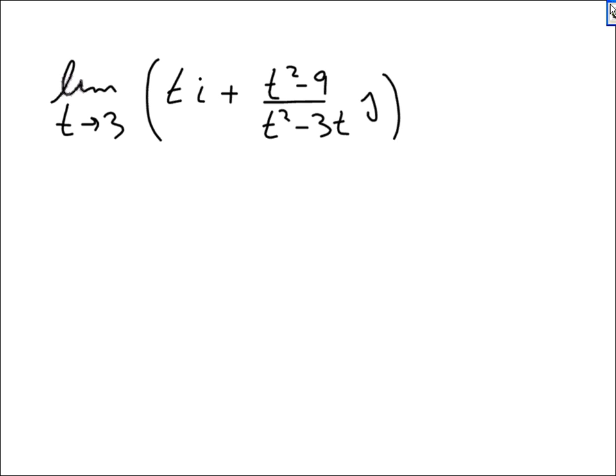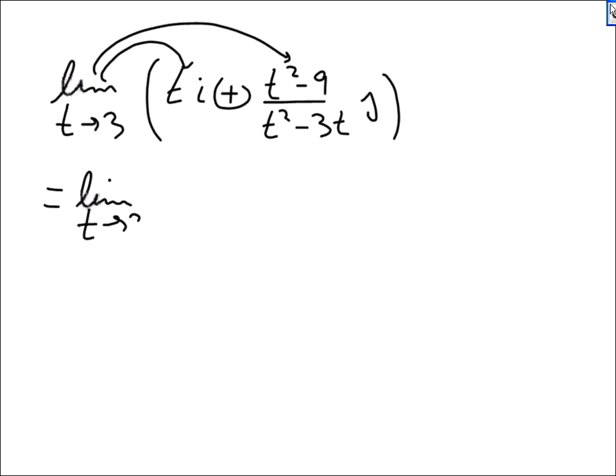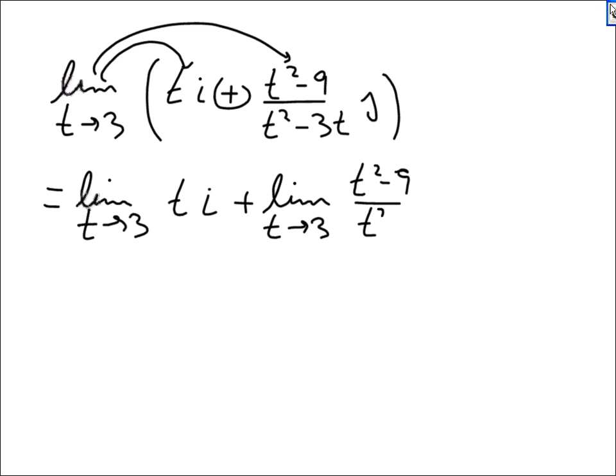Well, this just becomes two limits. The limit of the i part plus the limit of the j part. So whether you write what I'm going to write now, which is just what I said, you need to at least think it.